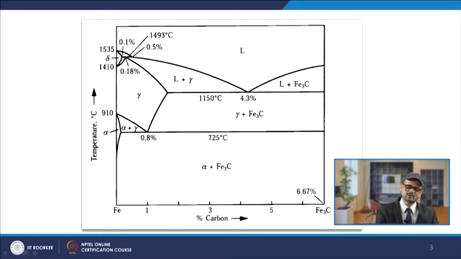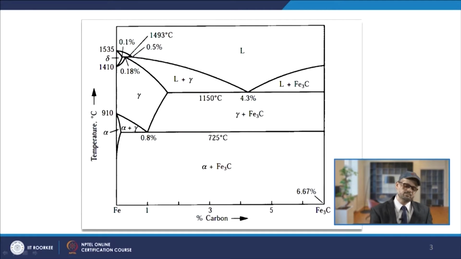So, that will go, and from here again you will have alpha and gamma. This remaining gamma will again transform to pearlite. So, you will have ferrite plus pearlite. Similarly, when you go to this side, you will have pearlite plus cementite.